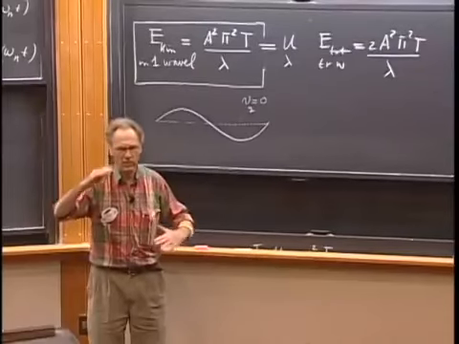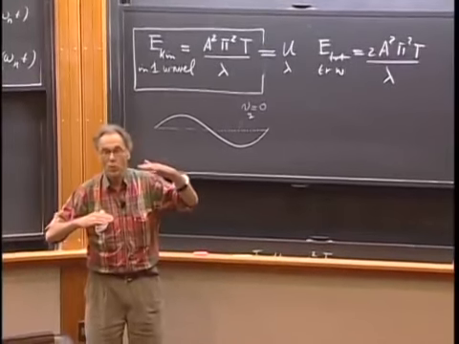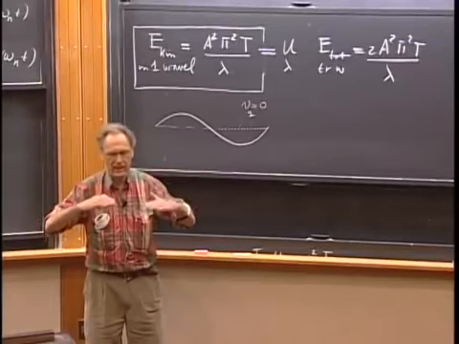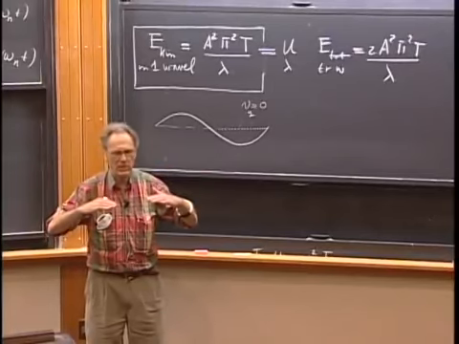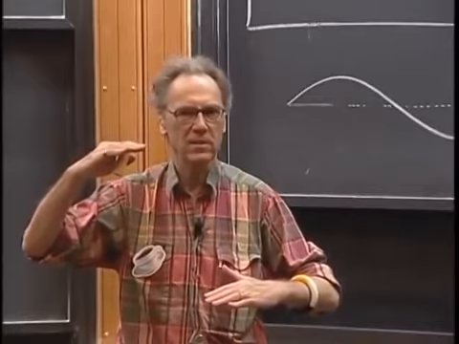That's a standing wave, you've seen that. At this moment, there is no kinetic energy. There is only potential energy. A little later there is only kinetic energy and there is no potential energy. And a little later there is only potential energy and no kinetic energy.